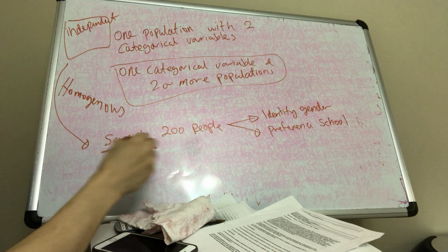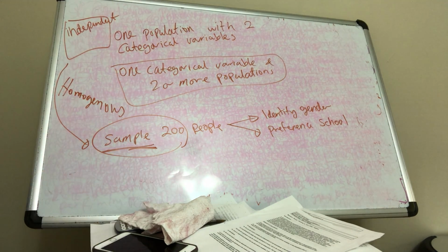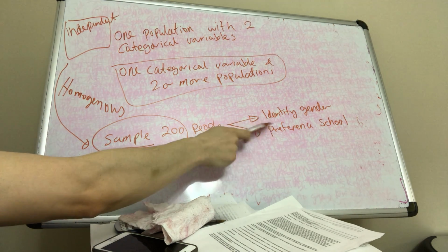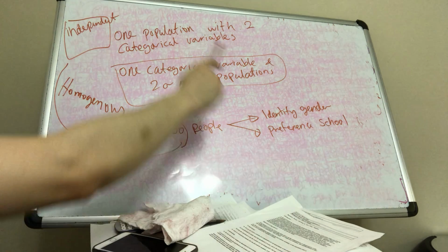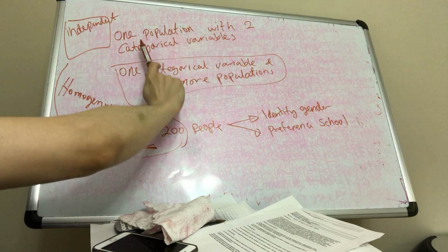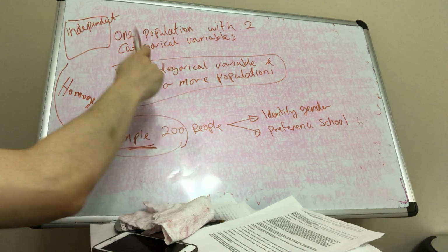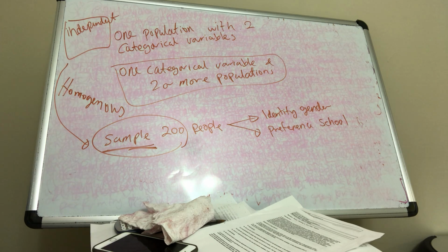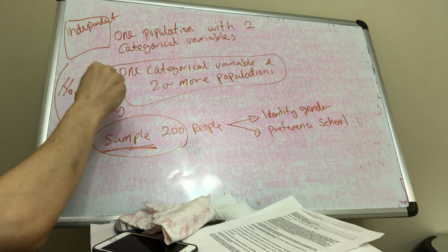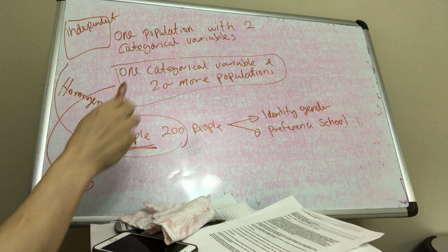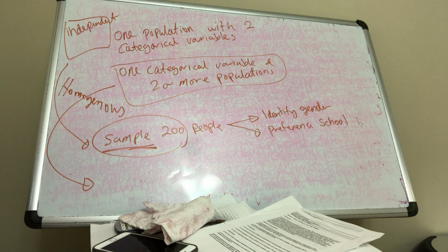But since there is only one sample selected and two different things that we're testing, one population, two categorical variables, that's independent. For a homogeneous, you would select multiple groups, two or three.